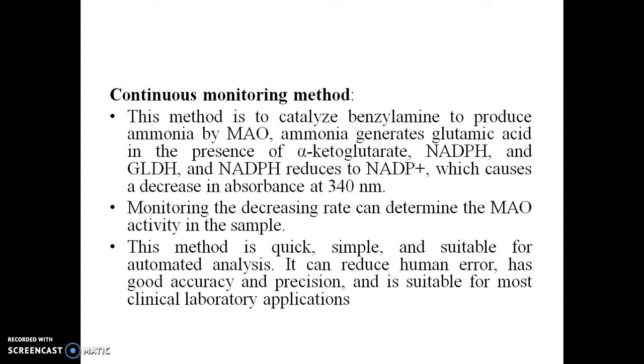Monitoring the rate of decrease can determine the monoamine oxidase activity in the sample. This method is quick, simple, and suitable for automated analysis. It can reduce human error and has good accuracy and precision, suitable for most clinical laboratories all over the world.